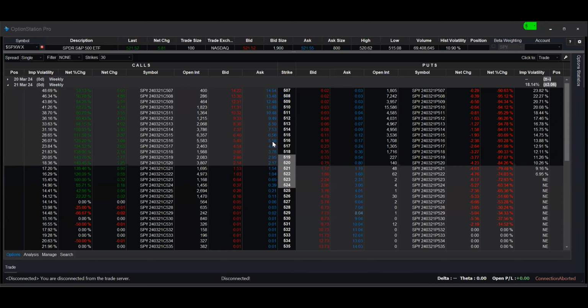So we see movement in the options before we see movement in the underlying asset. Does that make sense? Everybody on the same page with me there? I'm sure everybody could catch on to that one. Gary, say it one more time, please.